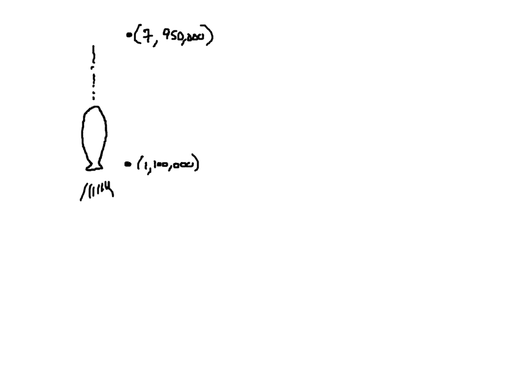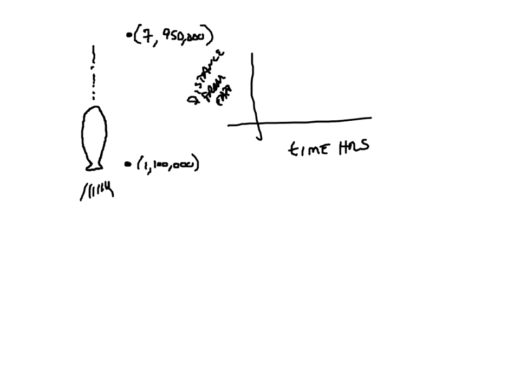So even though it's going straight up, it's not the position necessarily that we're honing in on. What we're graphing is the time in hours as opposed to the distance from Earth.